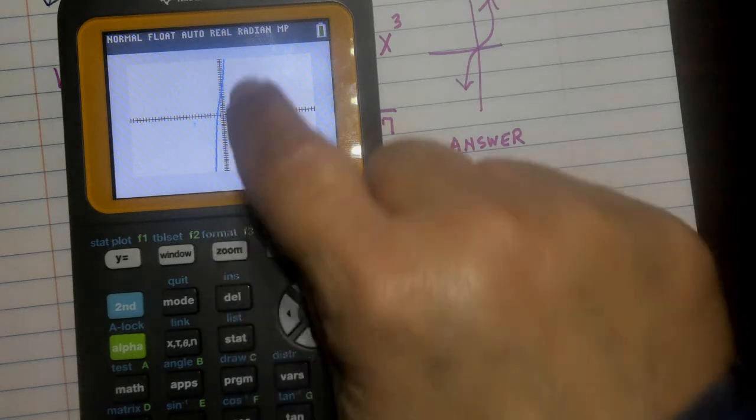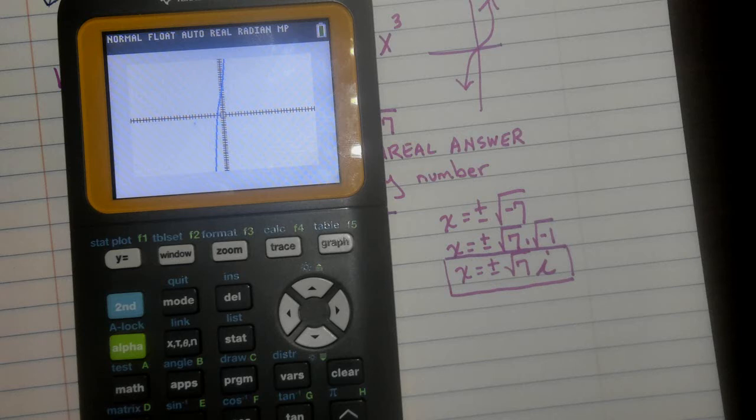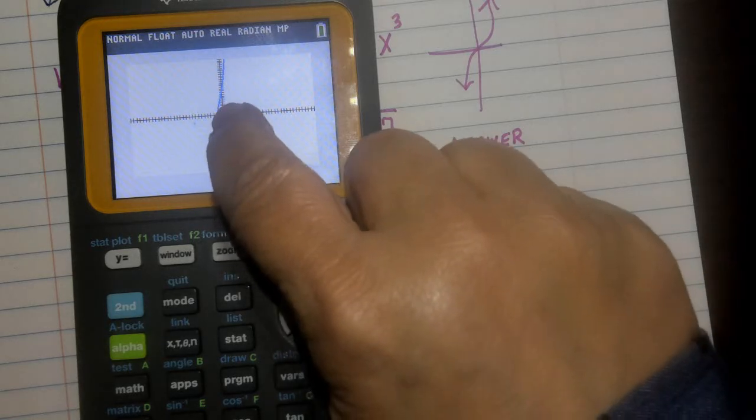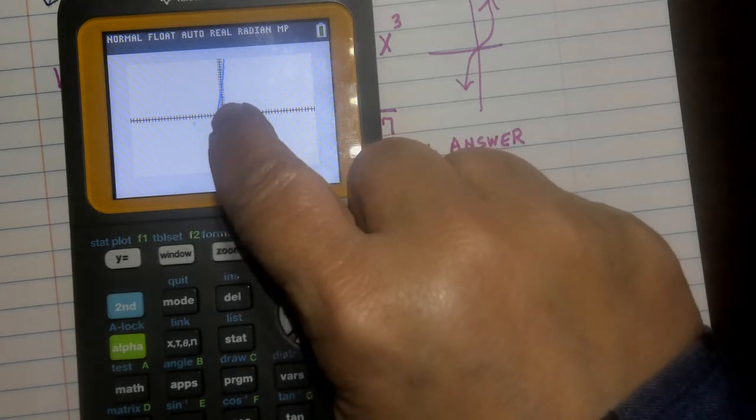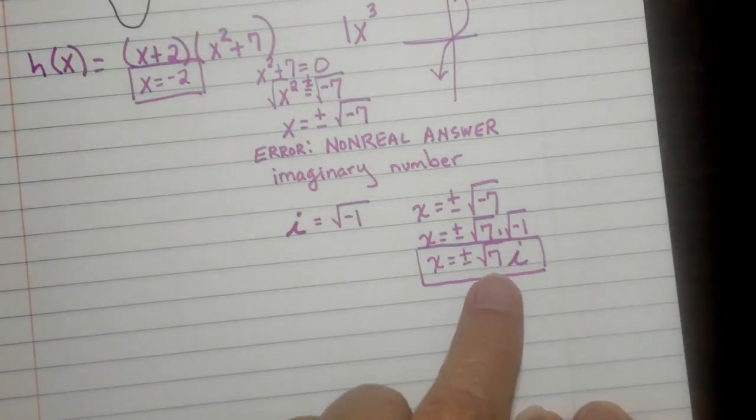Alright, does that have the end behavior that we would expect? But how many times is it touching the x-axis? Just that one time at x equals negative 2. So these are zeros. They are roots.